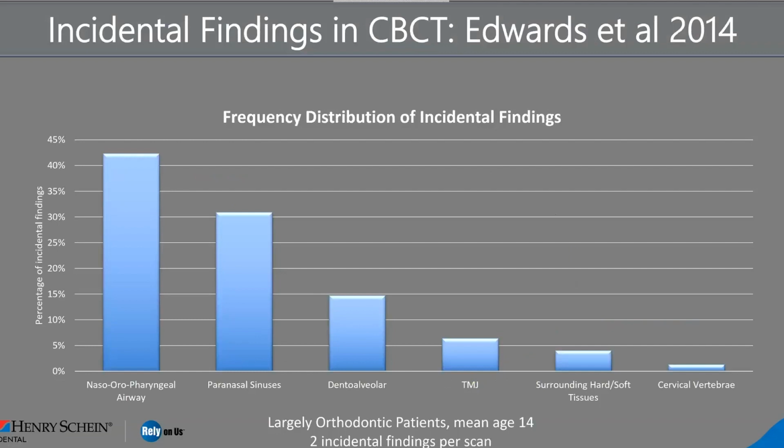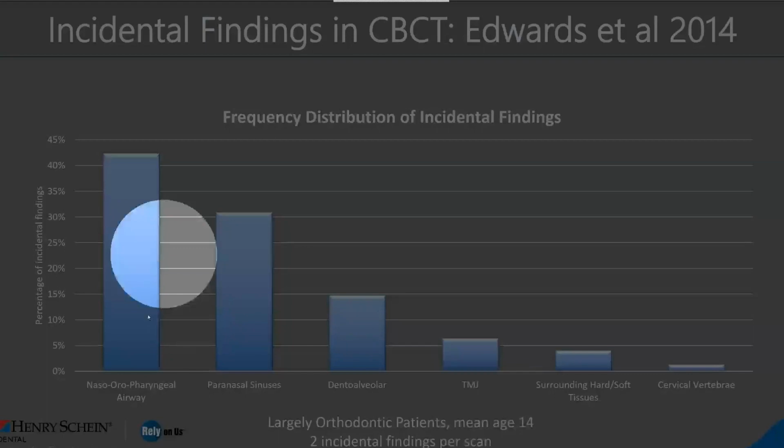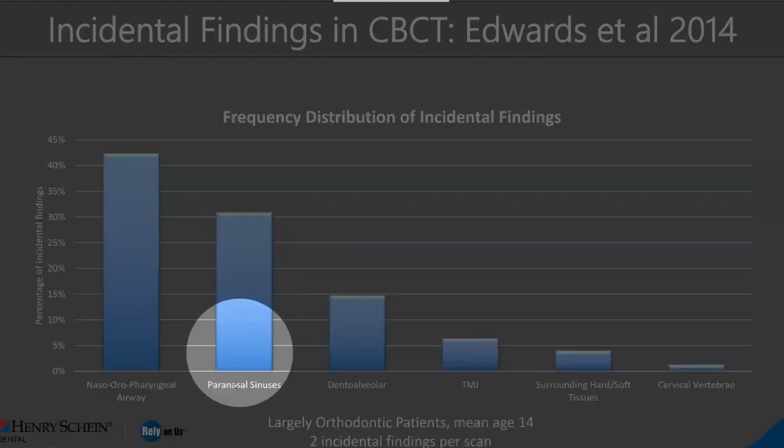2014, Edwards did a survey as well. Again, this is young patients, orthodontic patients, mean age of 14. And with those patients, they found 2 incidental findings per scan. Maybe over time, we're better at looking at our scans. And so they found definitely a lot of airway issues, a lot of issues in the sinuses as well.